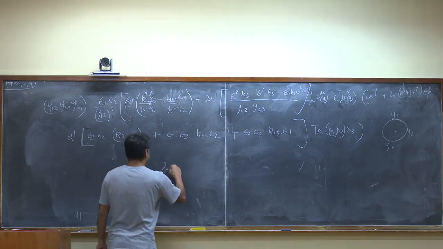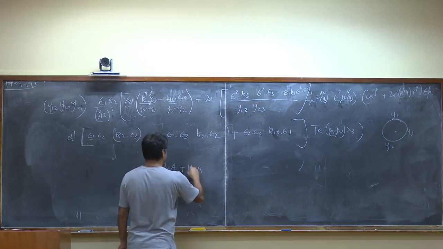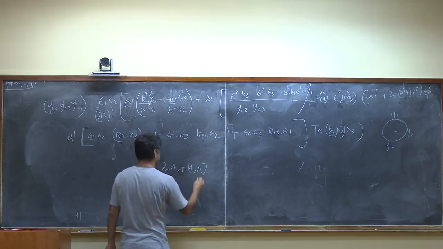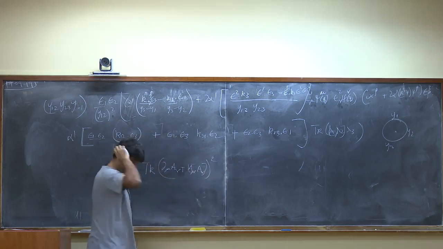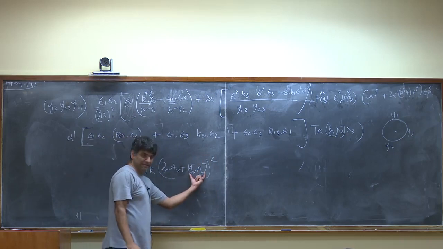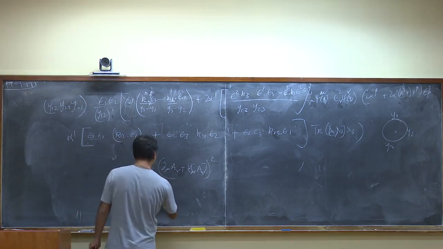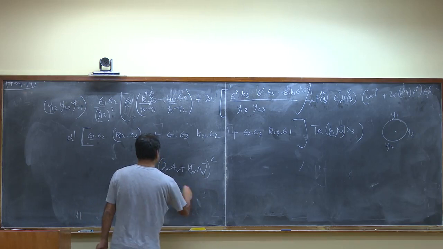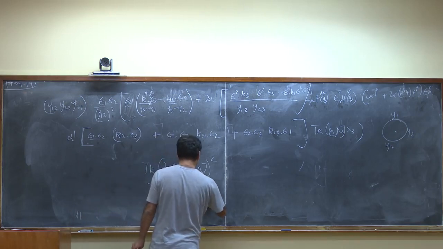Because we have del mu A plus, let's say, A commutator A, F mu nu, the whole thing squared and trace. If we want 3 photons, we have to take the quadratic term from one guy and the linear term from the other guy. So it's sort of like trace of del mu A nu times the commutator of A mu and A nu.